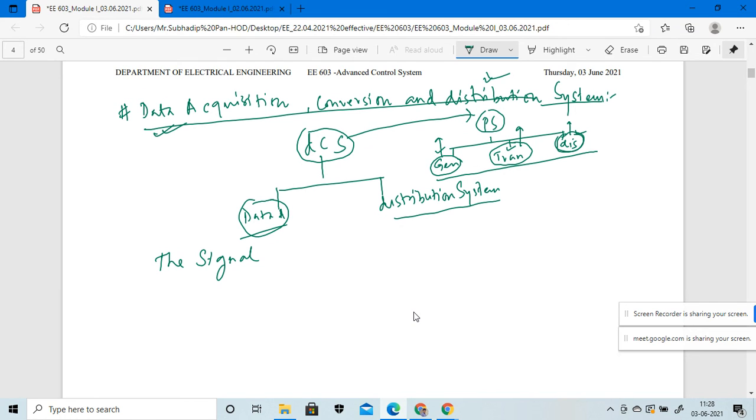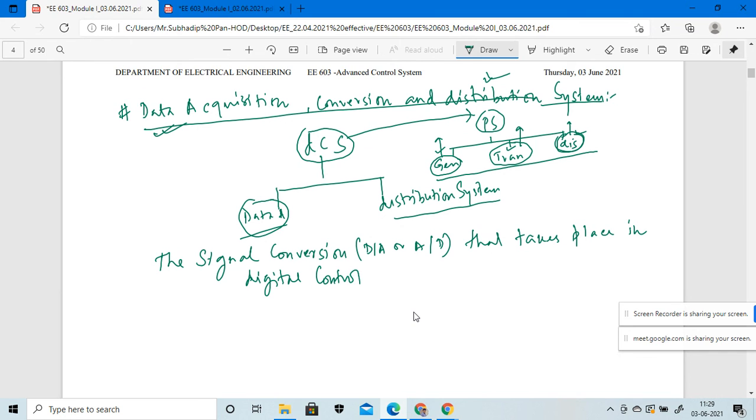Whatever the conversion is, it takes place in a digital control system, which will involve operations. So what are the operations that will be involved for the conversion of this particular signal in the digital control system?